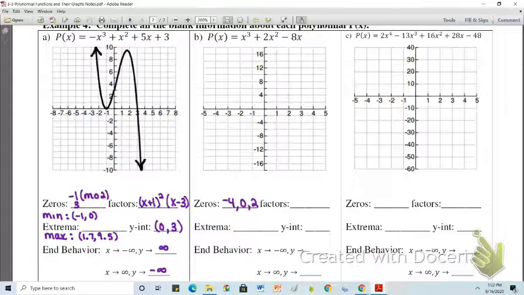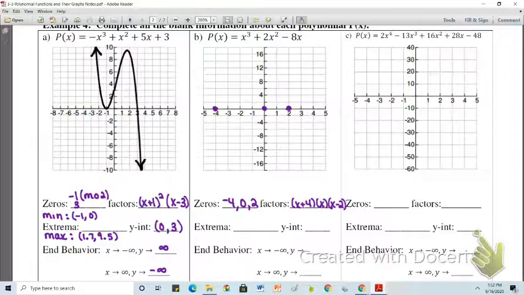That is understandable. So my factors are x plus 4, x, and x minus 2. So I'm going to go ahead and plot those. So I had a 0 at -4, I had a 0 at 0, and I had a 0 at 2.